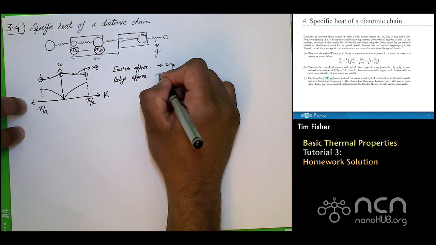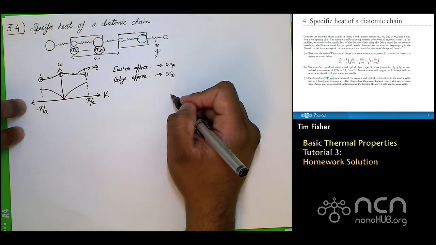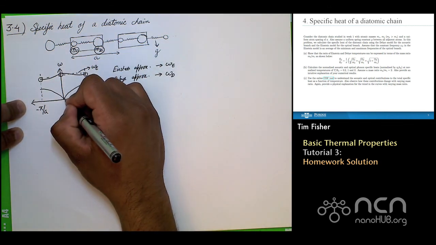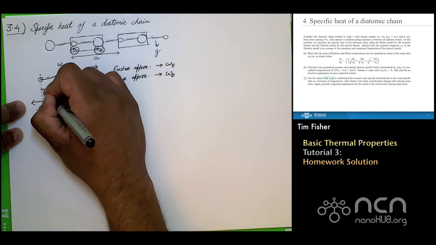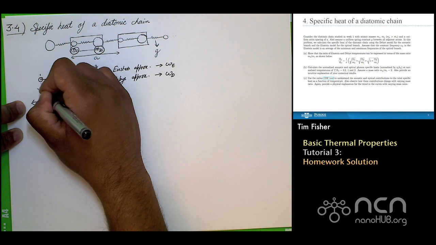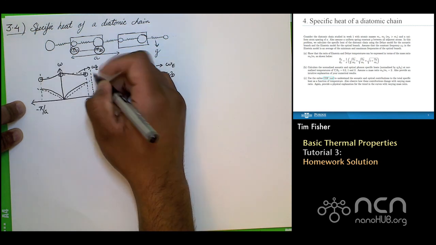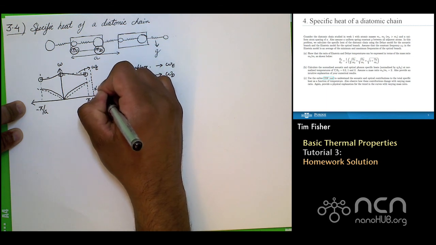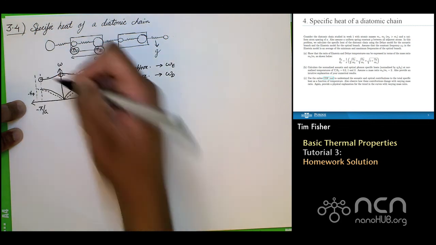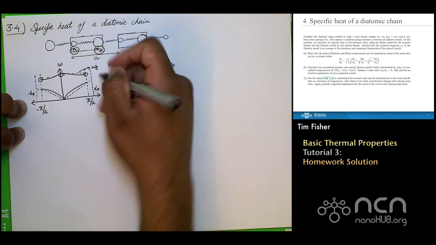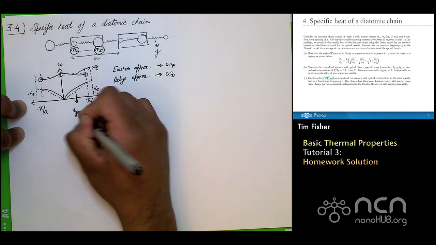The second approximation is the Debye approximation, which gives us a Debye frequency. Now the Debye approximation states that the acoustic phonon branch can be approximated by a linear dispersion relation, which extends beyond the Brillouin zone to a Debye cutoff wave vector given by K D. So on the left hand side I have negative K D. This is the Debye approximation, and the slope of this linear dispersion relation is the group velocity.